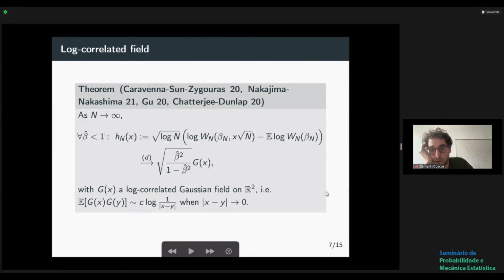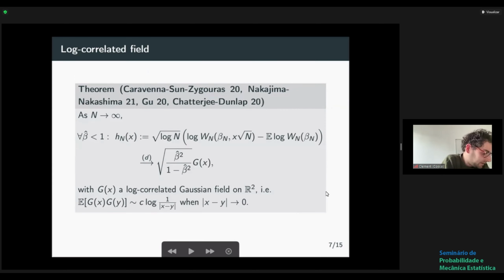Now if you look at log of Wn, center it by this centering, and renormalize by some diverging constant, then you can find a field at the limit. Everything should be integrated over a test function to make sense. Again, I'm working with beta hat strictly less than 1.